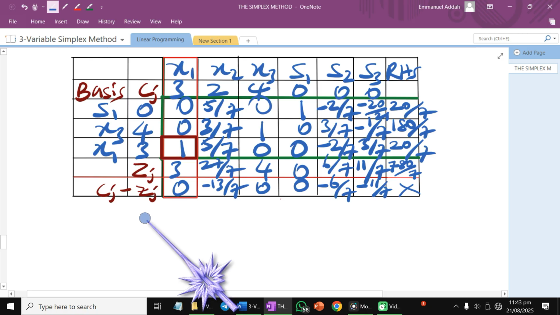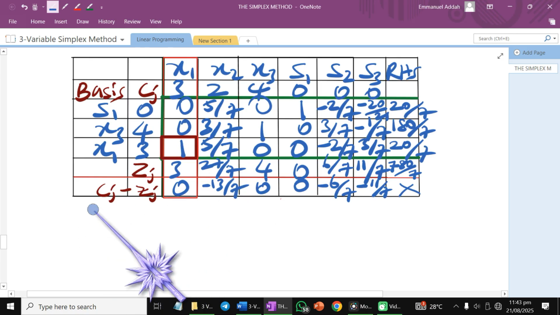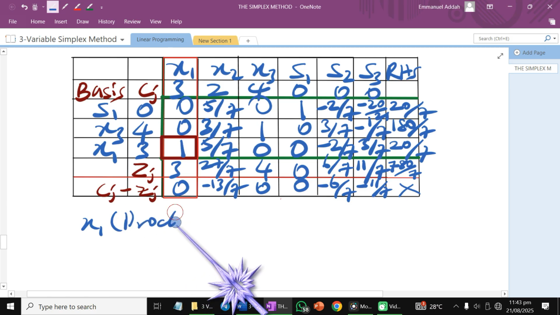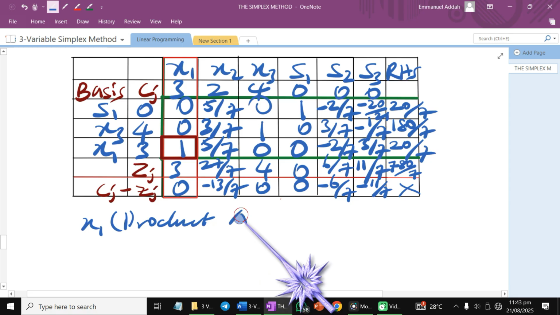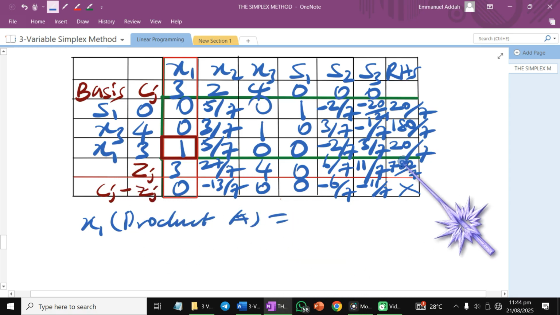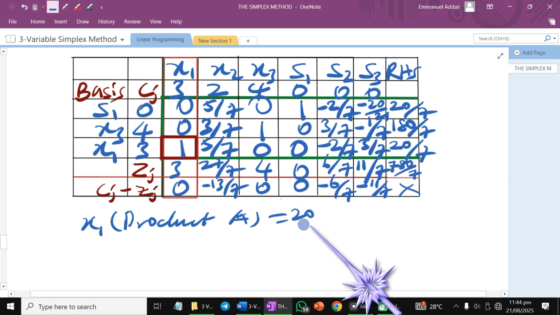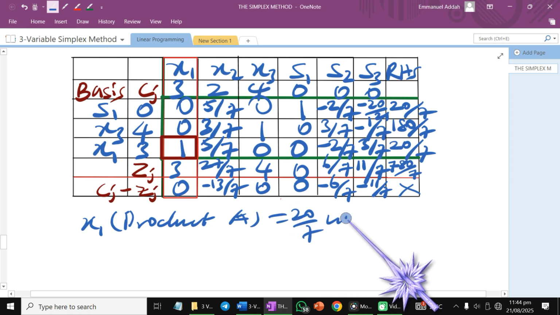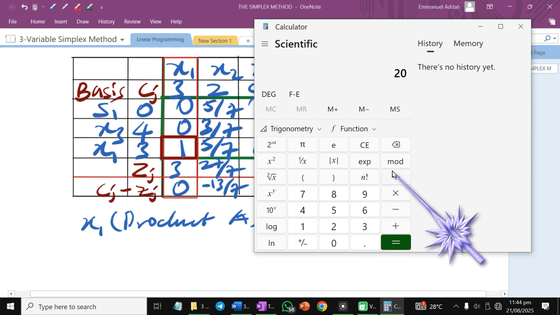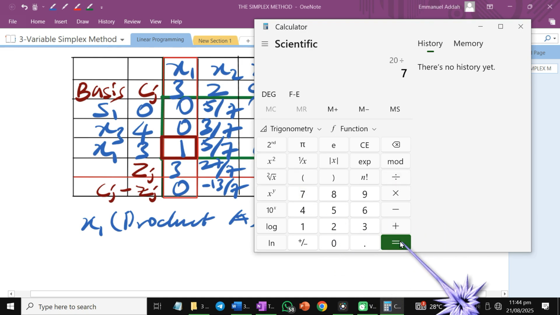Product A, x1, is equal to 20 over 7 units, which is 20 divided by 7.